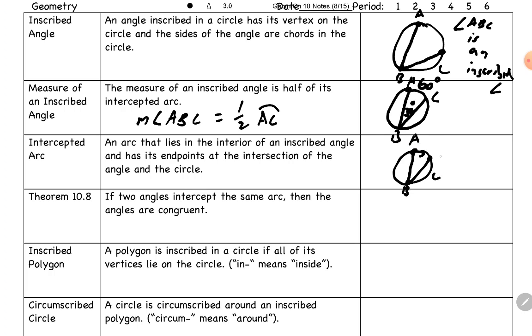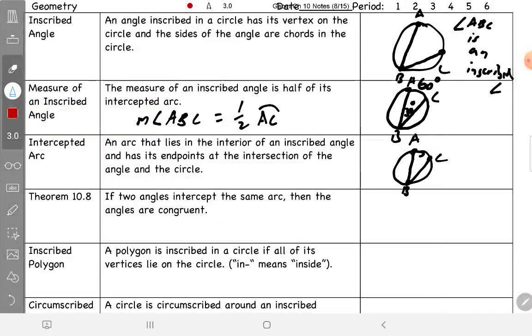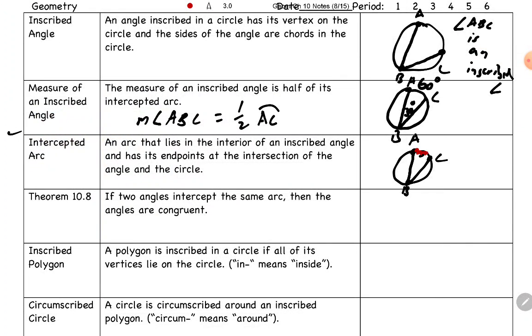A, B, C. And we would say that this piece here is the intercepted arc, the red. If two angles intercept the same arc, then the angles are congruent.